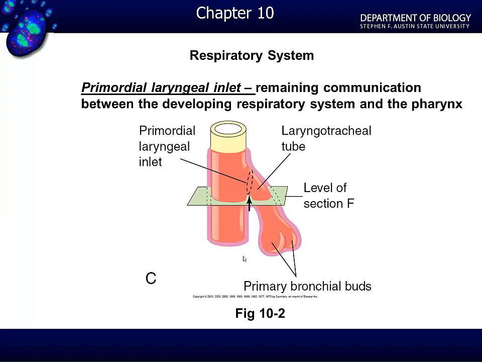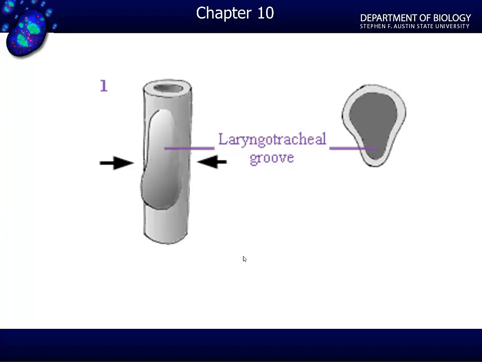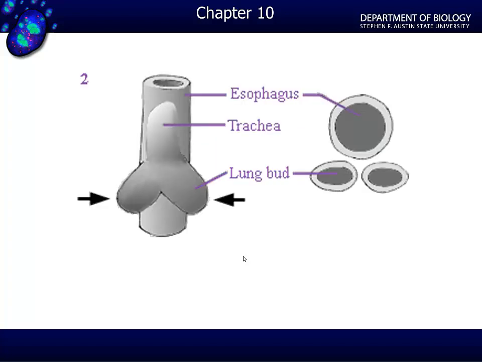And so as we extend this on downward, we're going to expand the laryngotracheal groove, and it's going to open up, and they refer to that as the primordial laryngeal inlet. And again, think of this as the glottis almost as much as anything else. So here we can see our laryngotracheal groove, and now we're going to expand that. We're going to have our primordial laryngeal inlet.